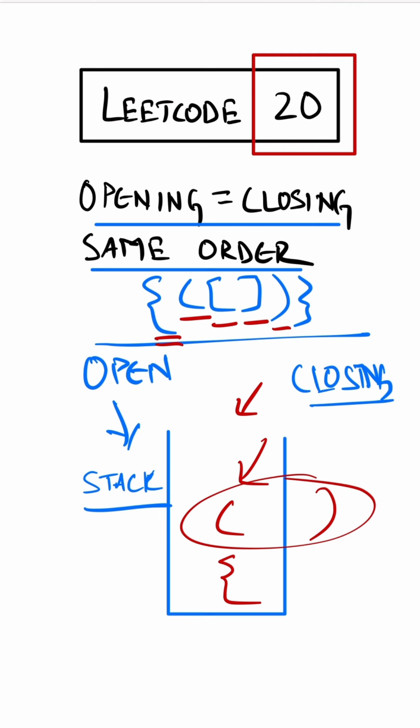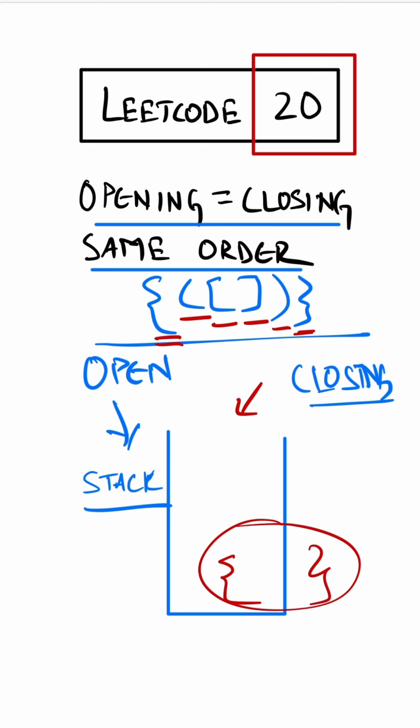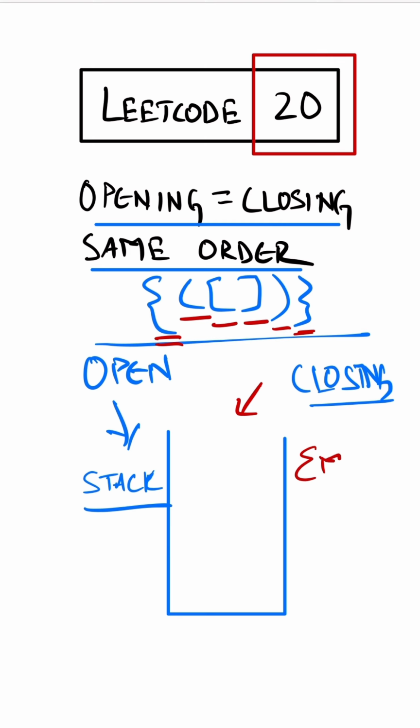If it matches, then we will pop that element as well. And lastly, this bracket. Again, we'll compare, and if it matches, we will pop that element. If at the end of our list, our stack is empty, then our parenthesis is valid.